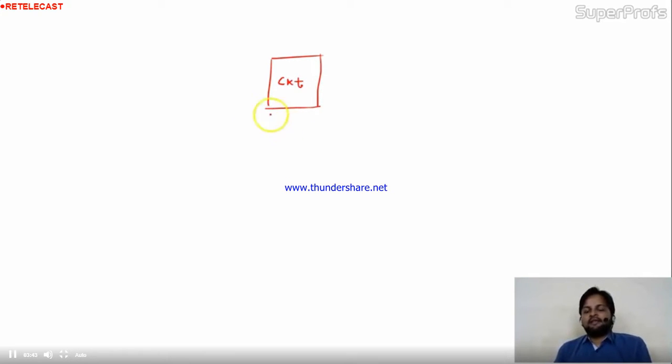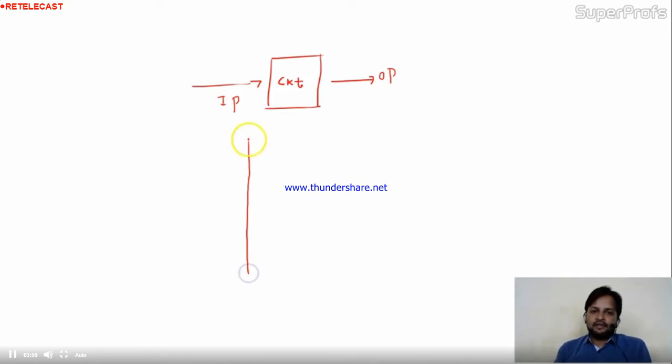If I am dealing with signals and systems, I will use the word system. Now, I am applying some input to it and getting some output from it. The relation between input and output for this particular circuit is given here by this graph.